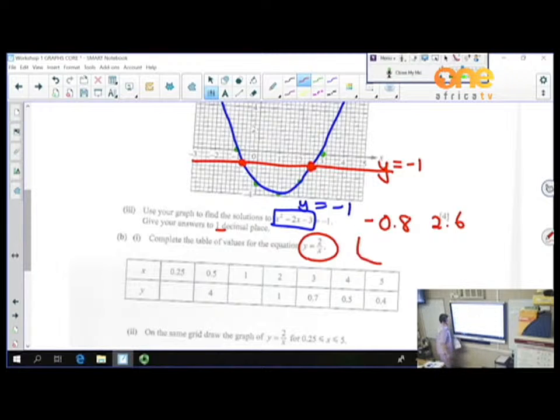Again, we have to complete the table, and we do that with substitution. So in the first place, we're going to substitute 0.25 in x's place. So on your calculator, you can just say 2 divide by 0.25, and the answer is, what do you get?